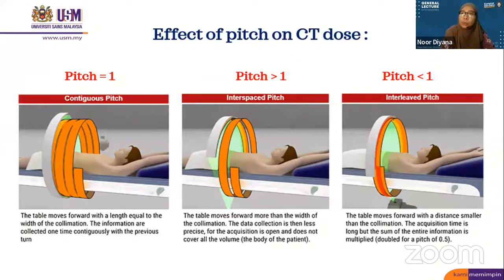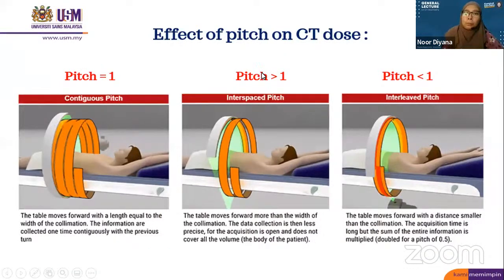So in terms of dose, the dose will be higher, because more radiation energy is deposited in that same area. But in terms of image quality, it is better because you get more signal of the same area.